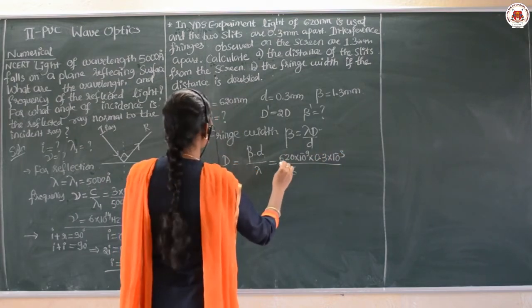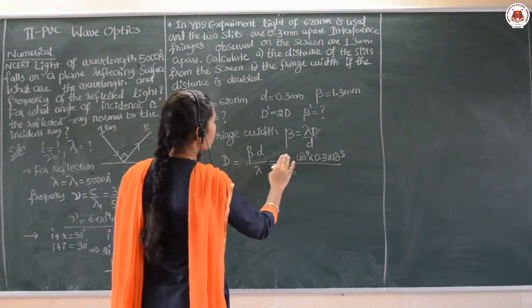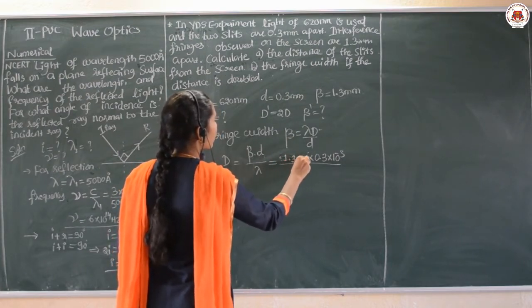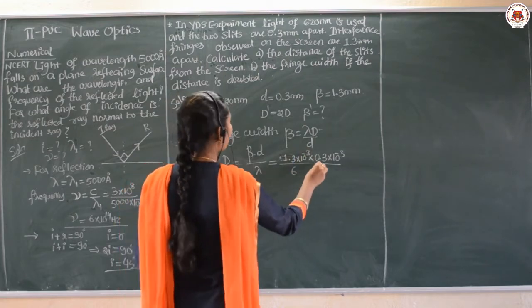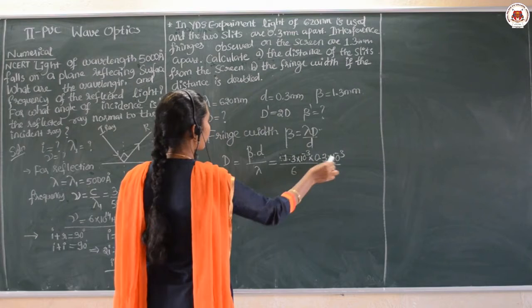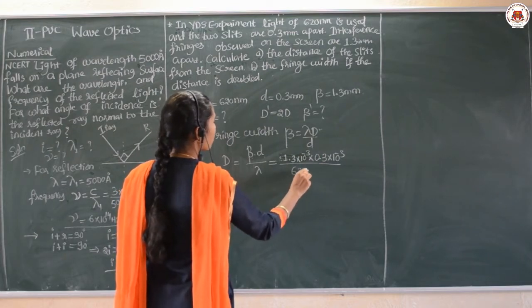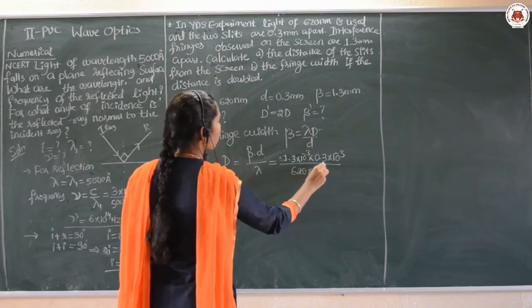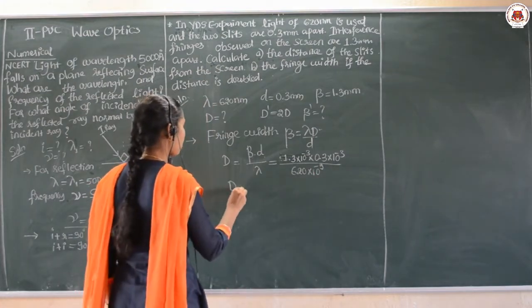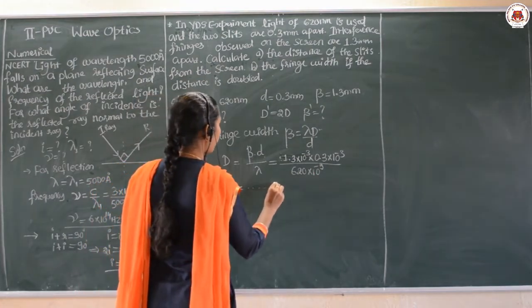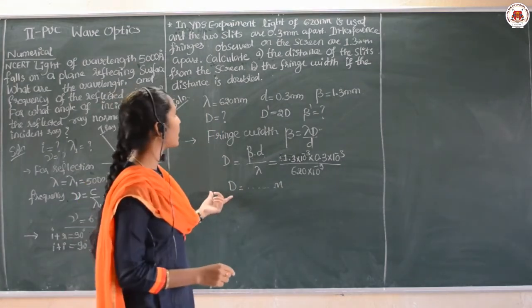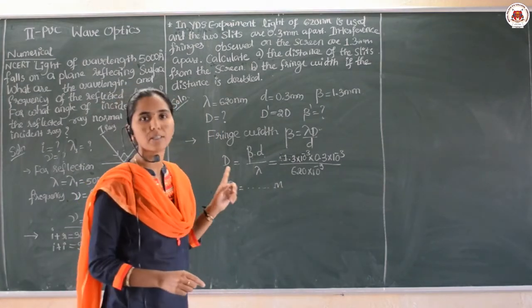Here beta is 1.3 into 10 raised to minus 3, small d is 0.3, and the wavelength is 620 into 10 raised to minus 9 meter, that is 620 nanometer. After the simplification of this, you will get the distance in meters. That gives me the distance of the slits from the screen.